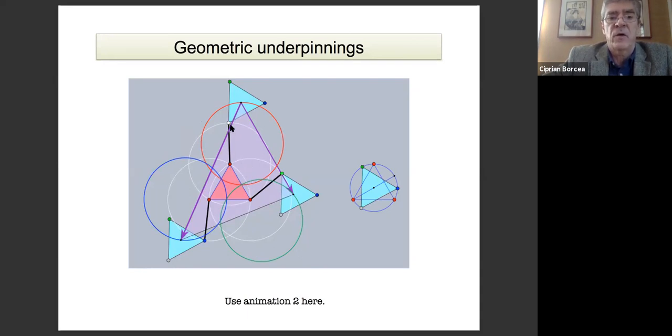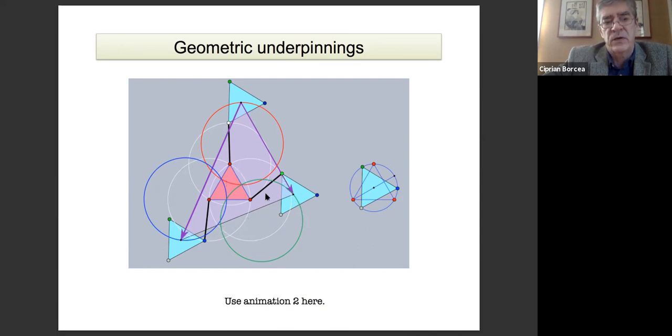So let's see the 4 parameters. I can move around arm number 1 on the white circle. I can move around independently arm 2 on a circle, and likewise arm 3 on a circle.